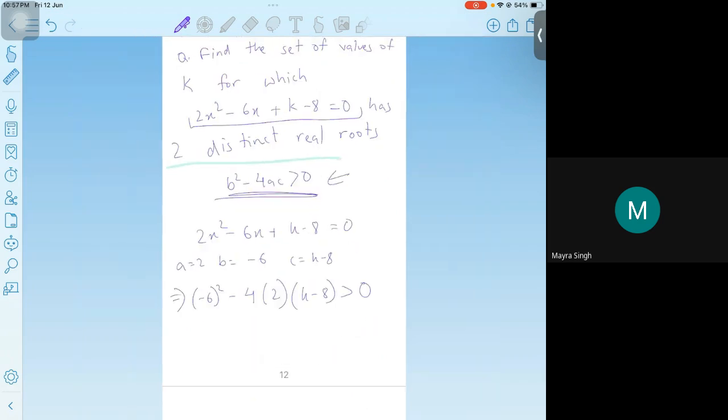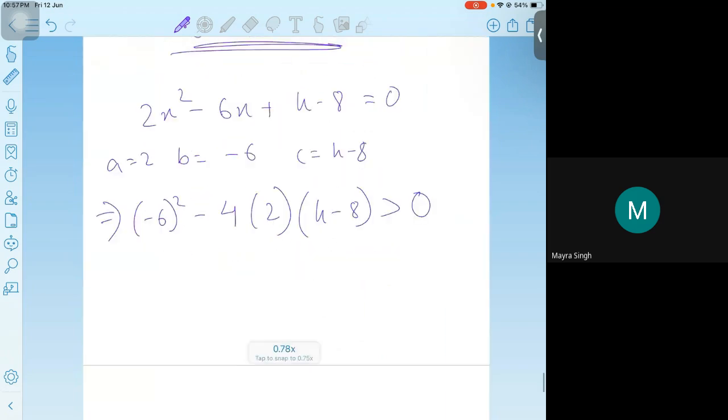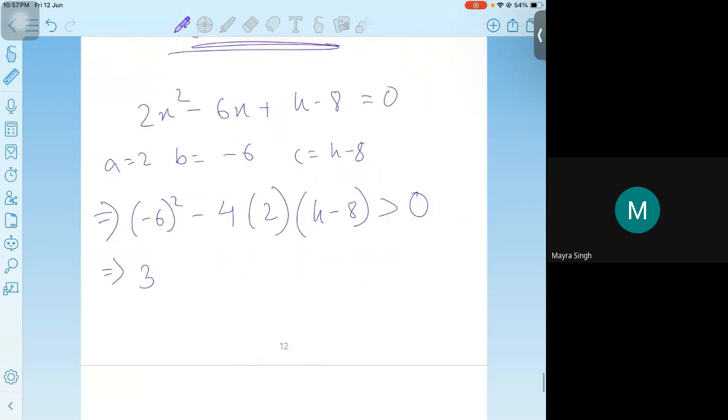Now if you expand this, you get 36 minus 4 into 2, 2s are 8, 8k's are 8k, so minus 8k, and then minus 4 into 2, that is minus 8, into minus 8, that is a plus 64. So you have plus 64, and this should be greater than 0. I just forgot that.